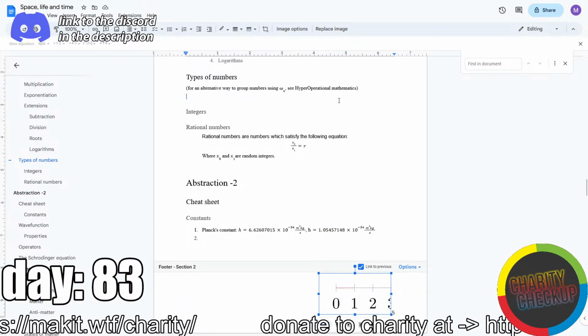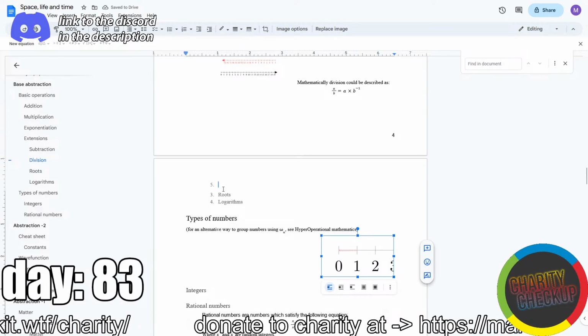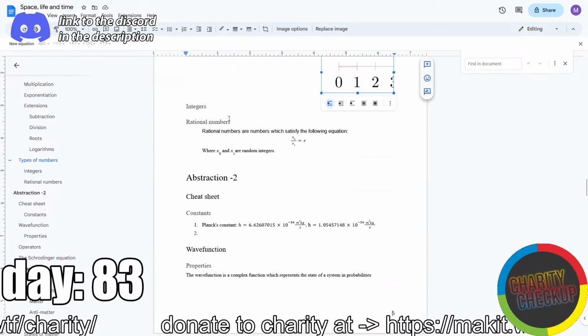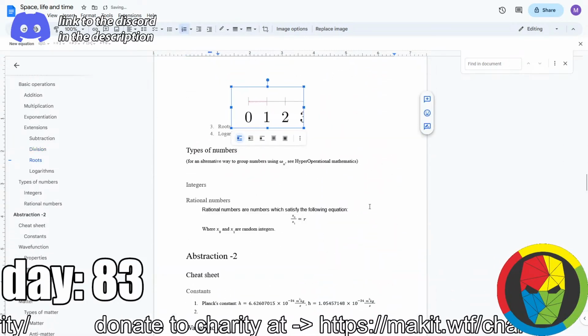Where am I? Okay, I'm in quantum physics, which is wrong. We should be up here. Oh, this is such a mess now. Oh my goodness.